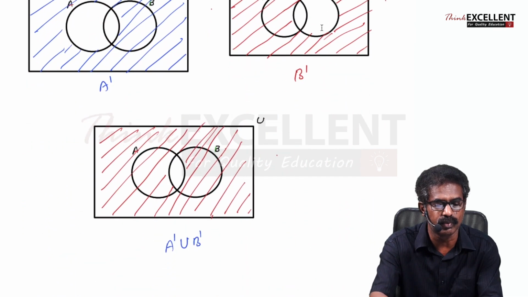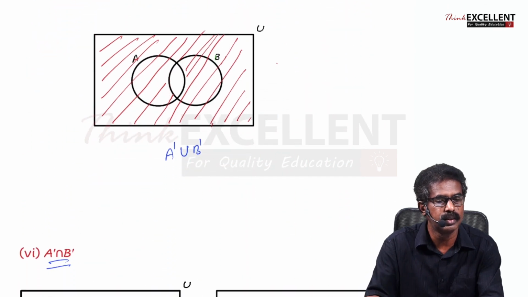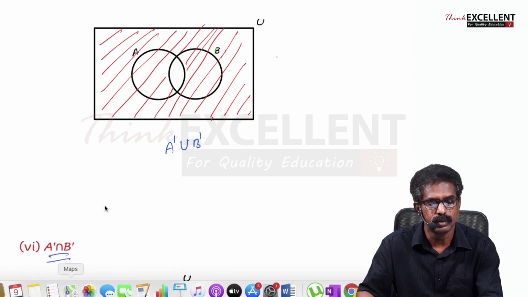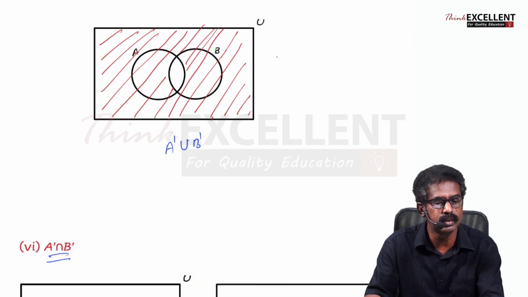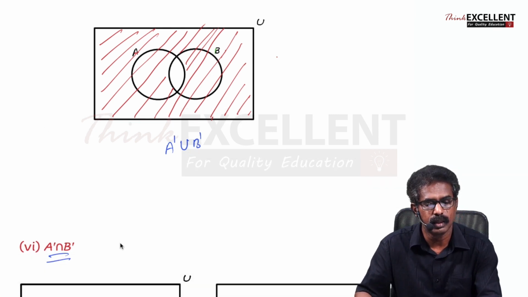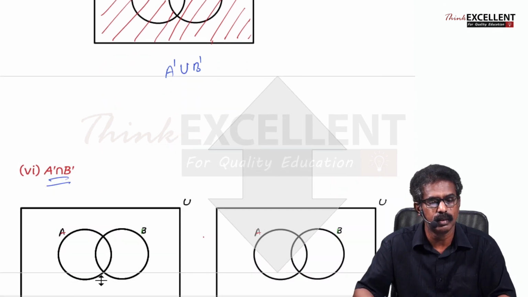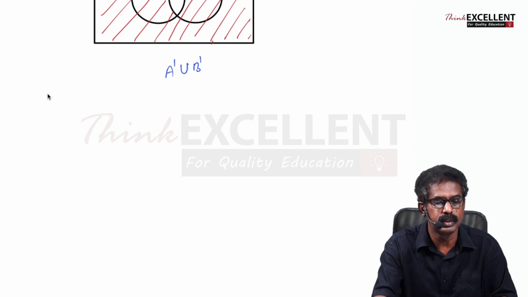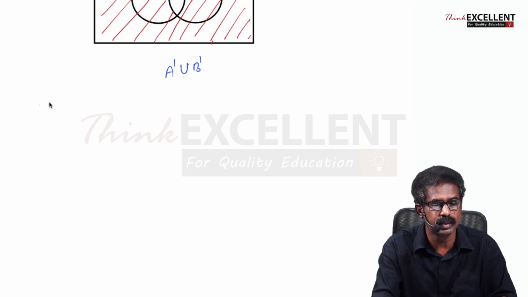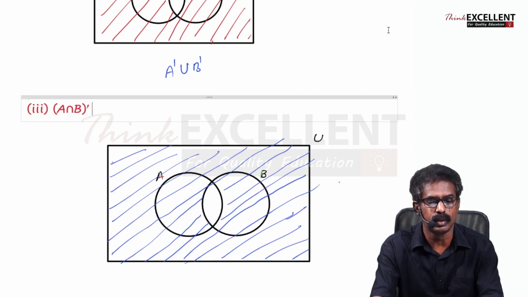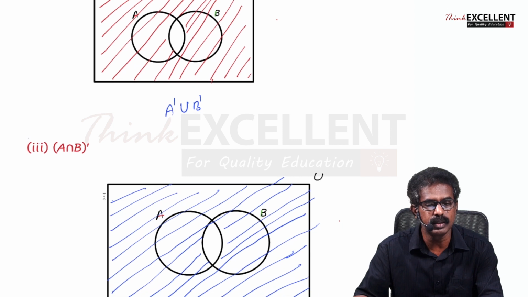So this is the fifth one, and fifth one's answer is this one. The third one I just pasted here so you can check easily. This is the third one, this is the fifth one.